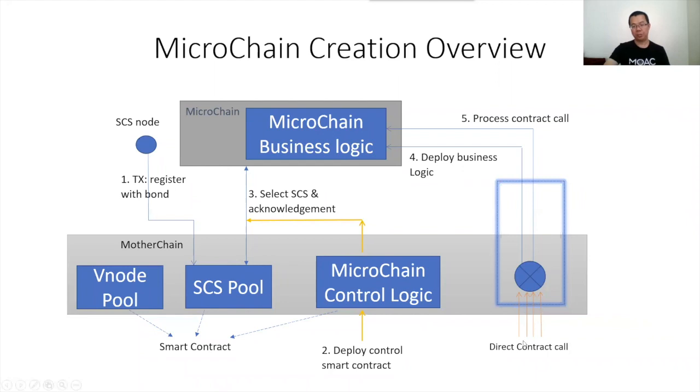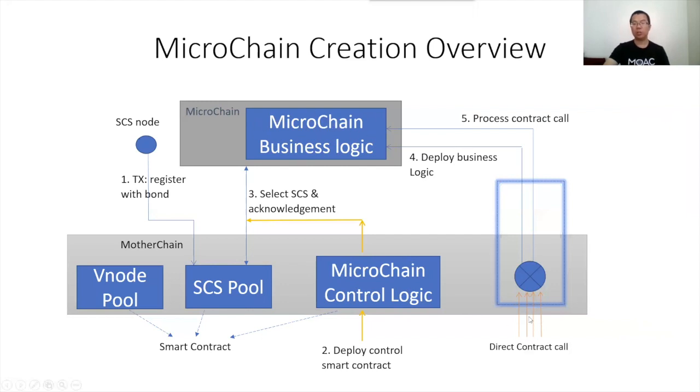Afterwards, I can deploy the business logic. Remember, that's in the top layer. So the microchain has two parts. One is the control logic, in the bottom layer, and the other is the business logic. That's how your application handles your specific user requests, and it's deployed in the microchain layer, the upper layer.